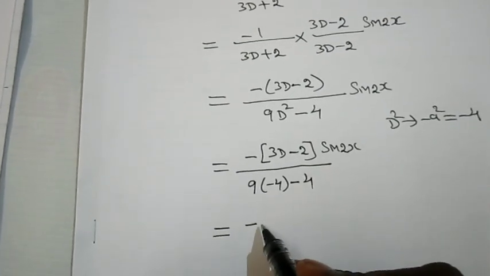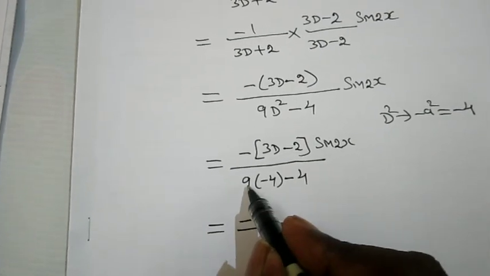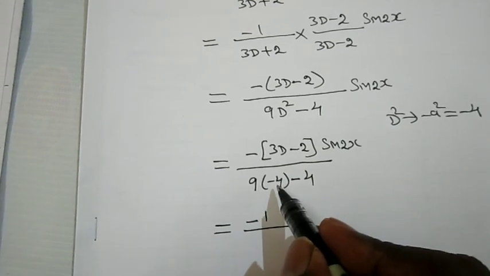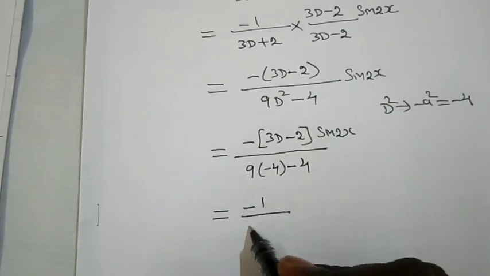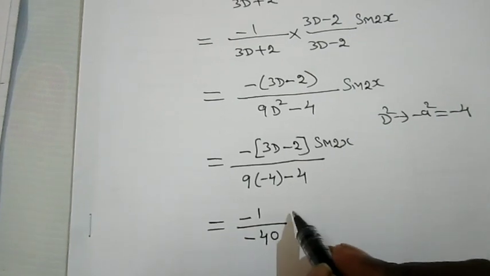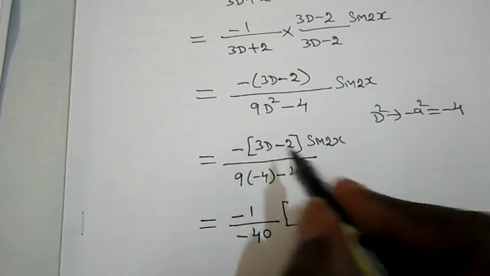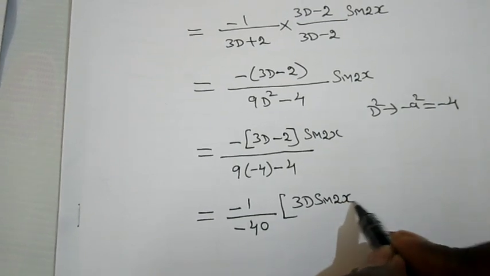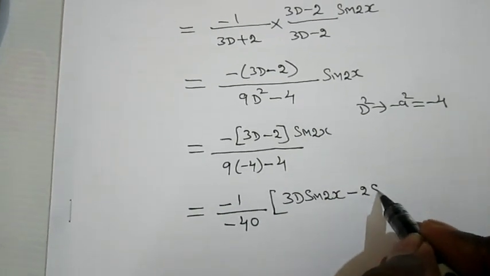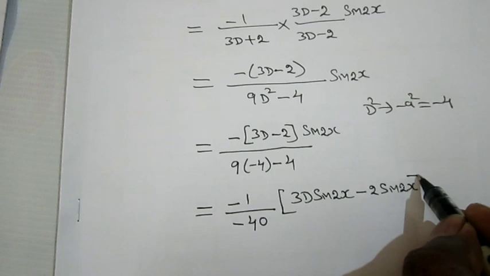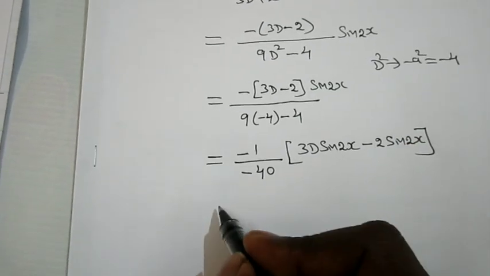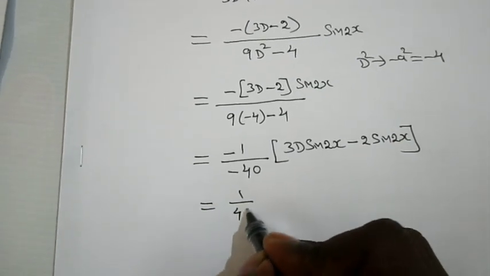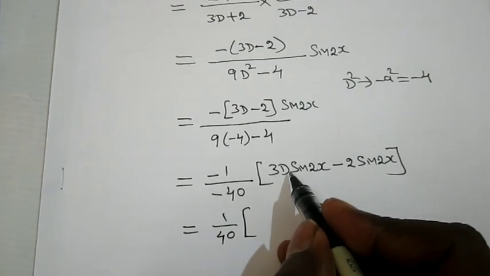Minus 1 by 9 4s are 36, 36 minus 4, so minus 40, into multiply sin 2x inside: 3d sin 2x minus 2 sin 2x. And then the minus cancels, so 1/40 into differential of sin 2x.